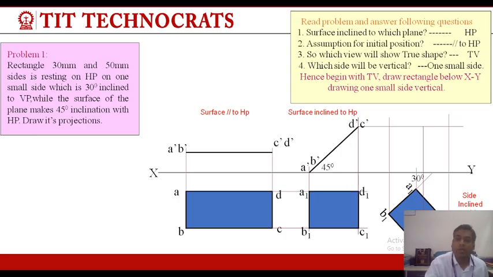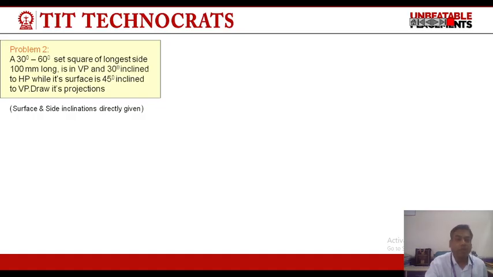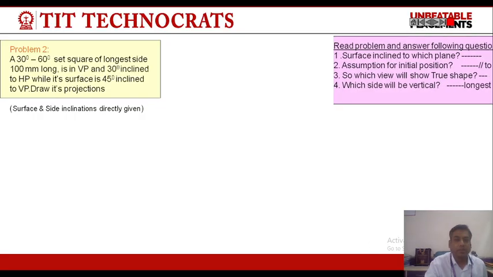And we will locate the point of intersection of all the 4 points as shown in the figure, and by joining all these points in the given sequence A1', B1', C1' and D1', we will get the final projection of the plane which is inclined to both the reference planes. By using the same procedure, we can solve any problem of planes.